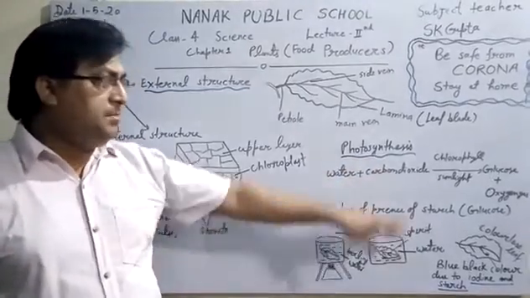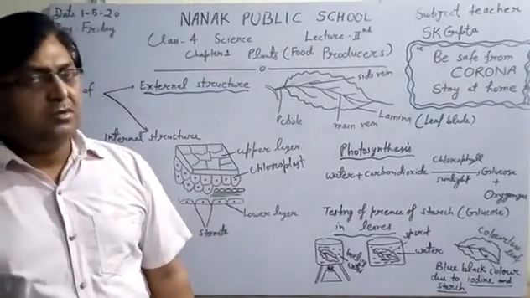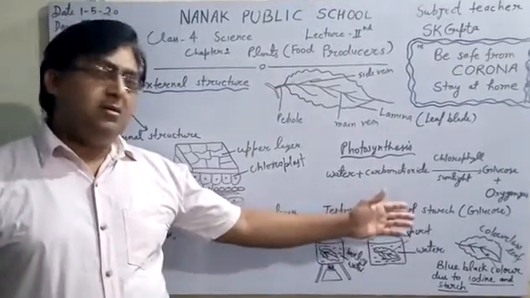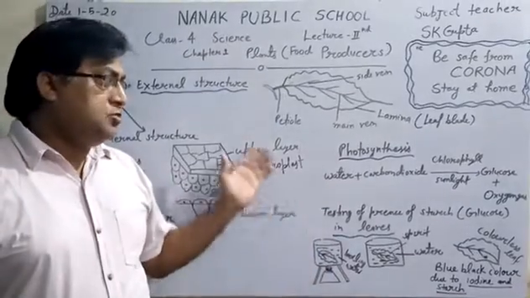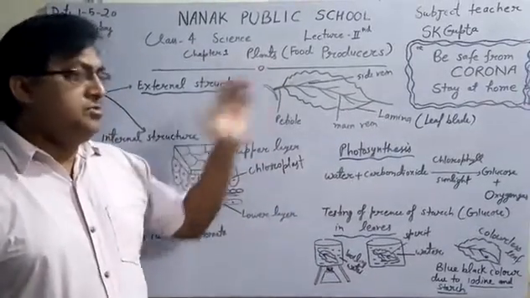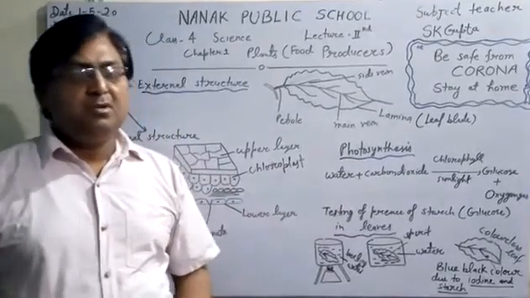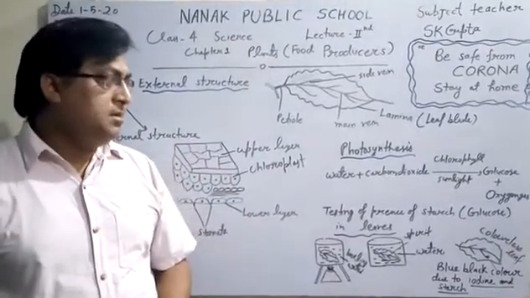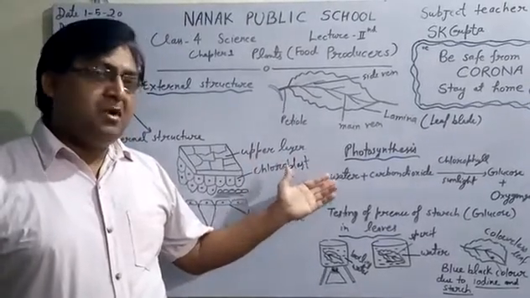In the presence of chlorophyll and sunlight, they prepare their own food, glucose, and release oxygen. So plants are called food producers because they are autotrophs. They prepare their own food by themselves by water and carbon dioxide.